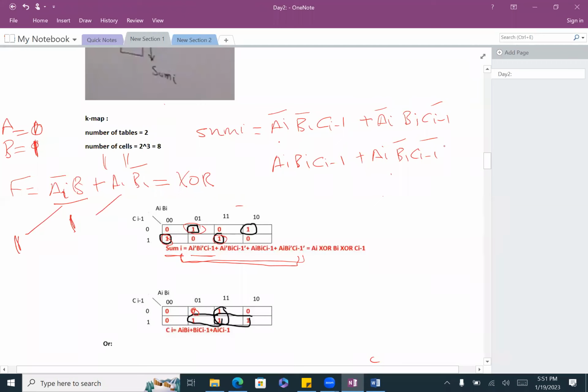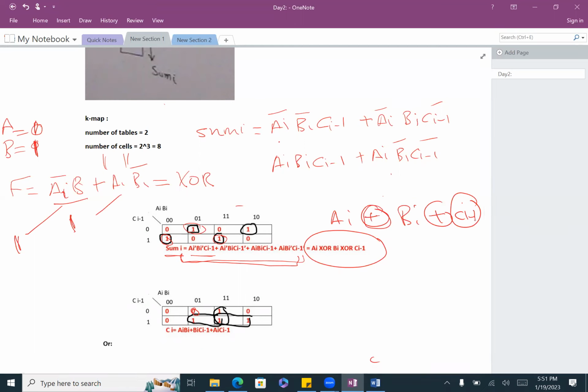So the two together will generate the circuit, but we don't have to worry about that. So at the end, that's the result. It's going to be A_i XOR, okay, I wrote it as XOR because I could not find the sign. It's hard to find, so I wrote XOR, but that's really the sign. And it's B_i XOR C of i minus 1, of course. So that's the circuit for the sum. Correct? Now let's do the carry.